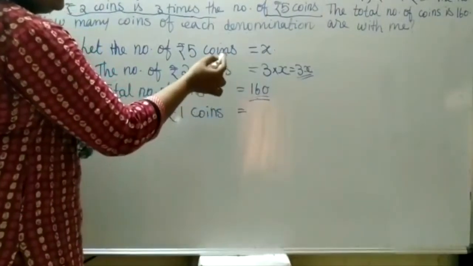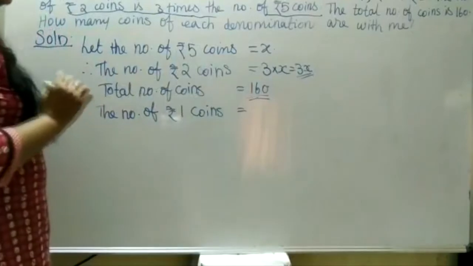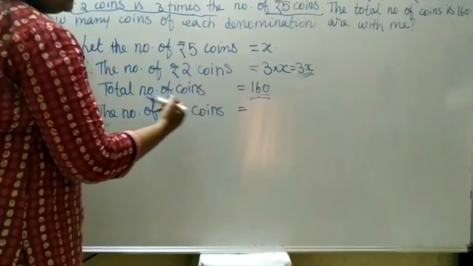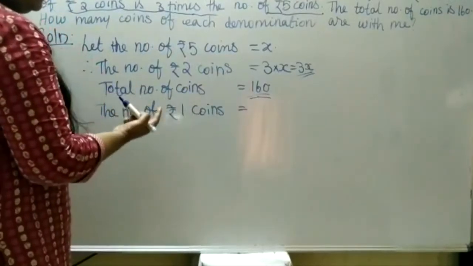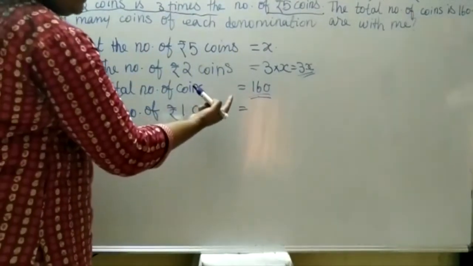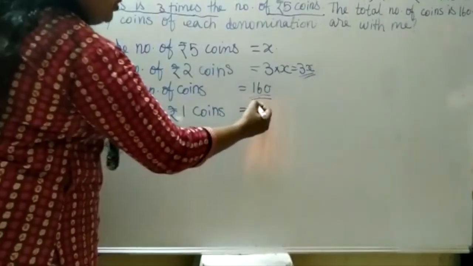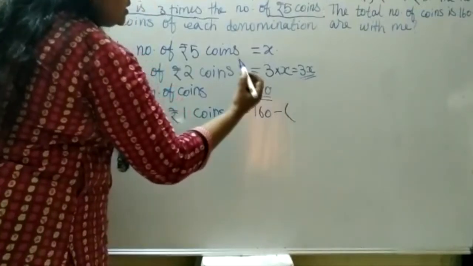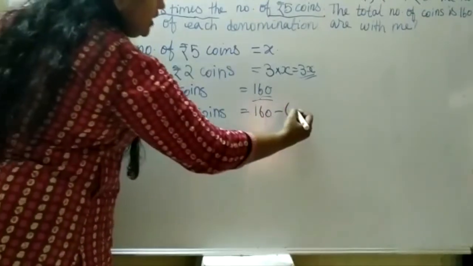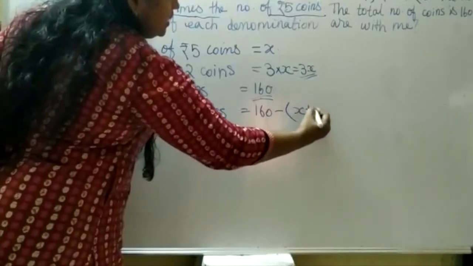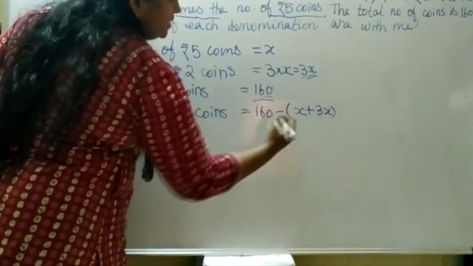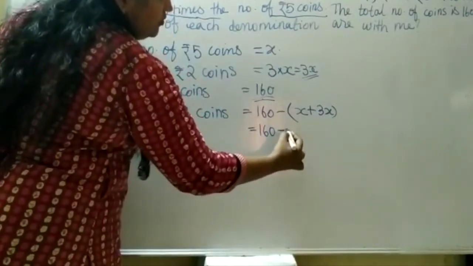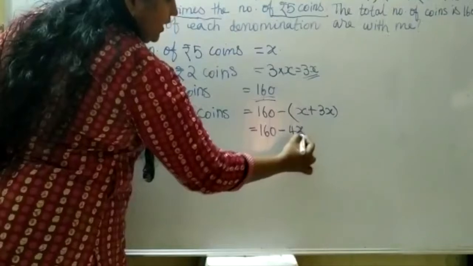We already know the number of rupees 5 coins and rupees 2 coins, and the total number of coins, so we subtract them from the total: 160 minus x plus 3x. So the number of 1 rupee coins is 160 minus 4x.